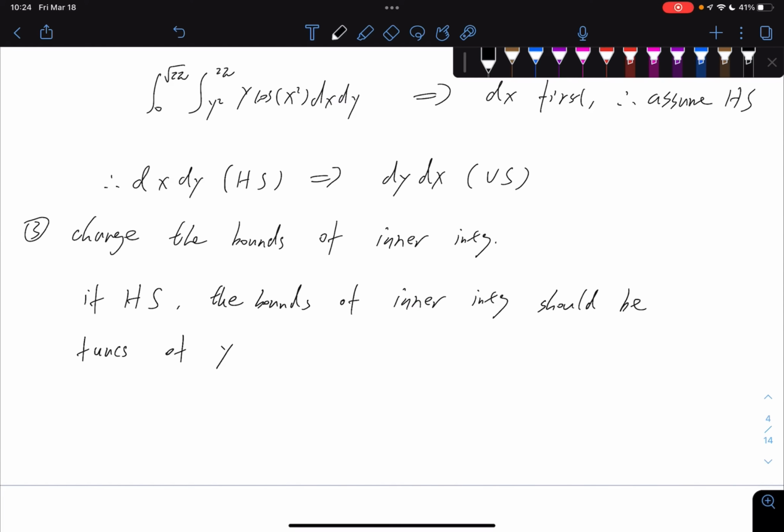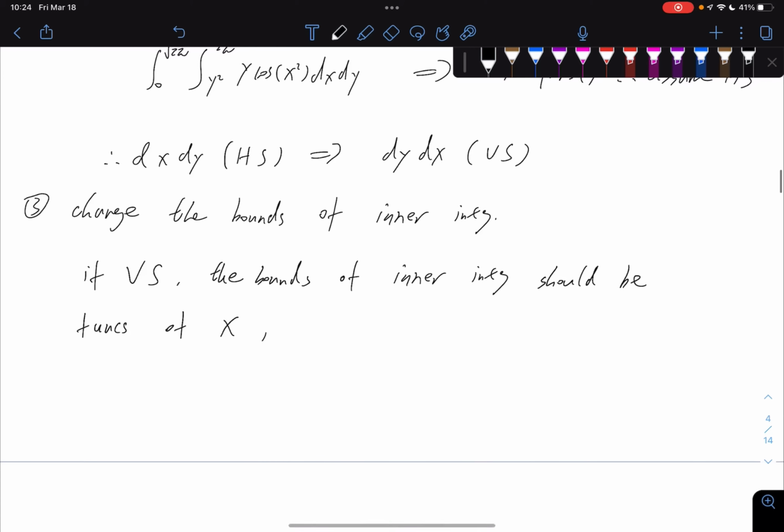So if it's vertically simple, the bounds of the inner integral should be functions of x, right? So that means we need to have f1(x) and f2(x), or just y1(x) and y2(x). So it's a function of x.